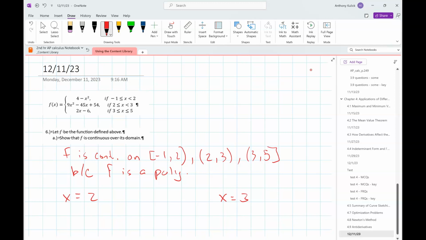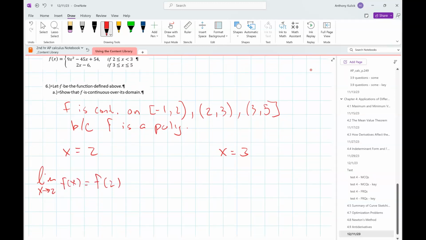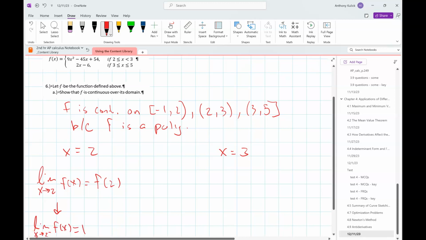Our definition for continuity at a point is we need to show the limit as x approaches 2 of f of x equals f of 2. That's what we need to show. In order to show the limit at 2, I need to show the left-hand limit equals the right-hand limit.